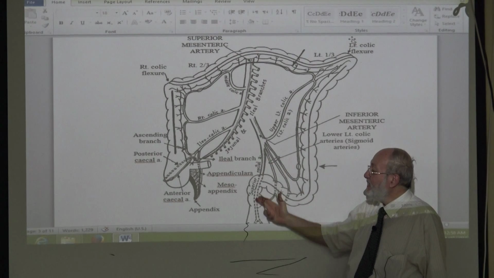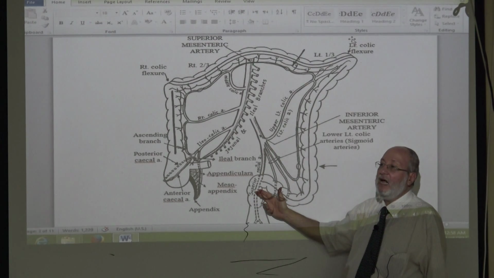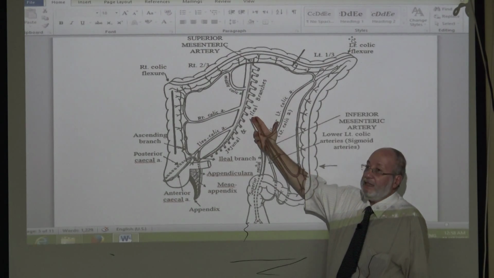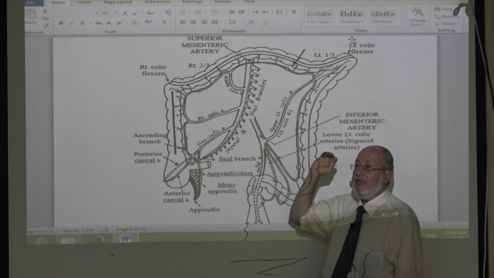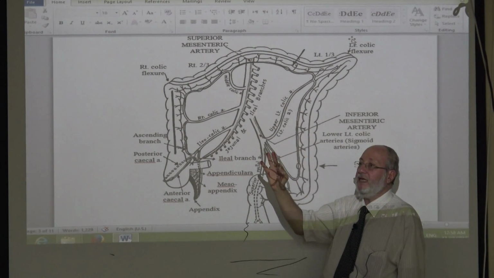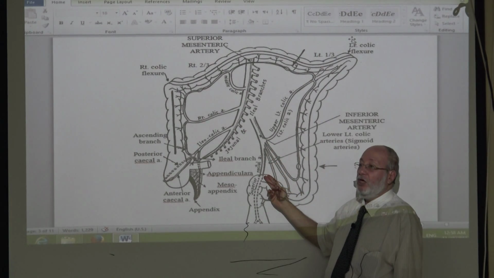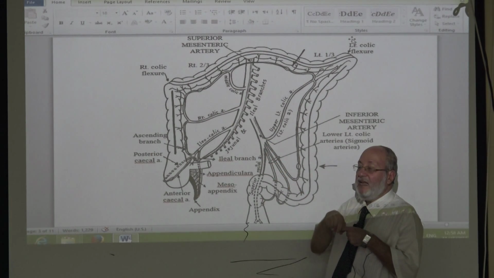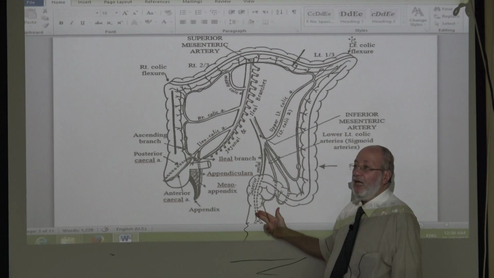The artery supplying the rectum is called the superior rectal artery. The inferior mesenteric begins from the front of the abdominal aorta at the level of L3, descends downward and to the left, and enters the pelvis by crossing the left common iliac artery to become the superior rectal artery.